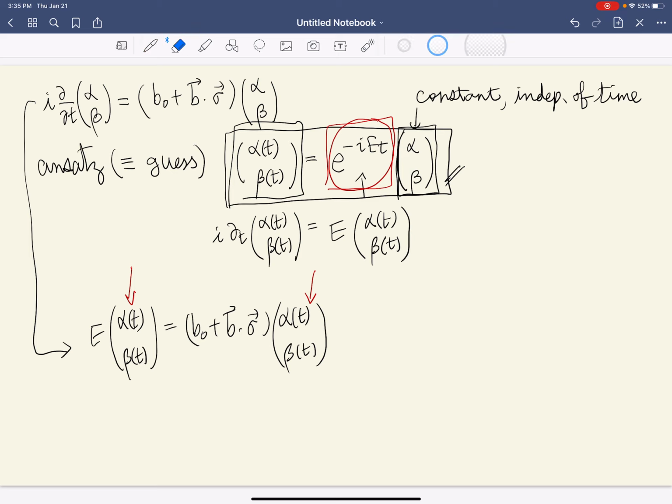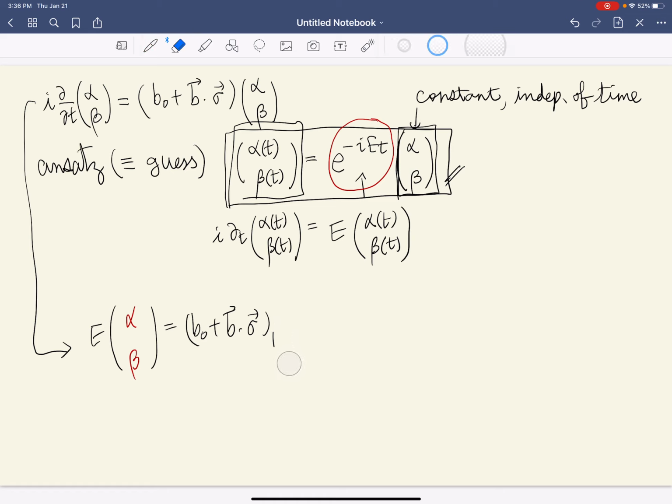And the result of that would be that you can just replace this time dependence by time-independent coefficients alpha and beta. Okay.